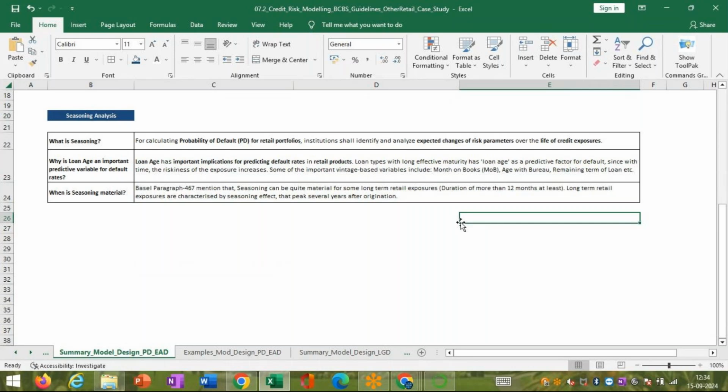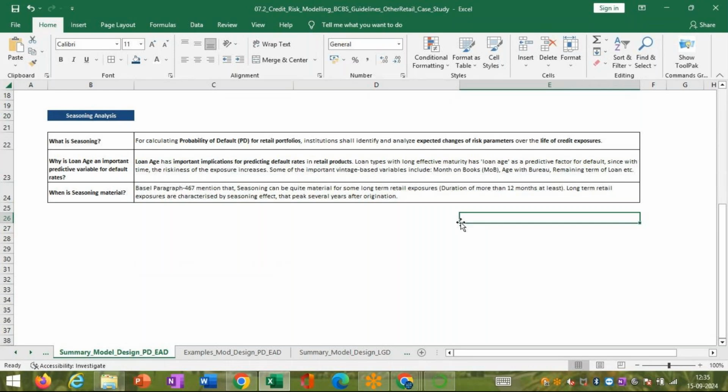Only after we know that the loan portfolio has seasoned is it advisable to use the account in the model development data. Otherwise, as mentioned, it has to be adjusted either through margin of conservatism or through the calibration sample.